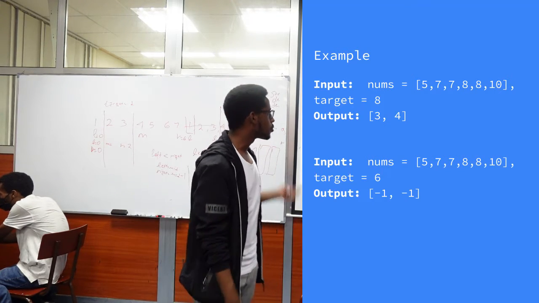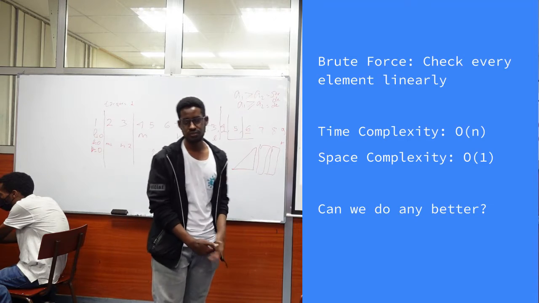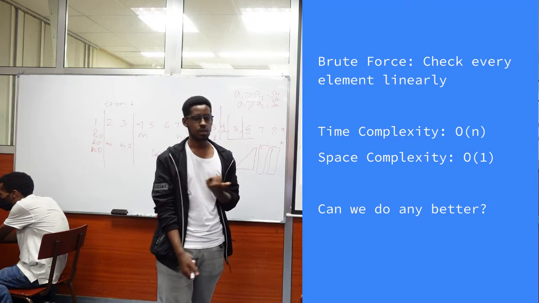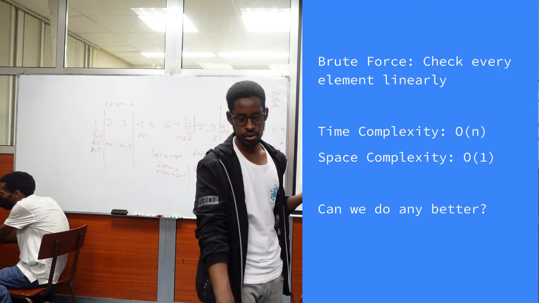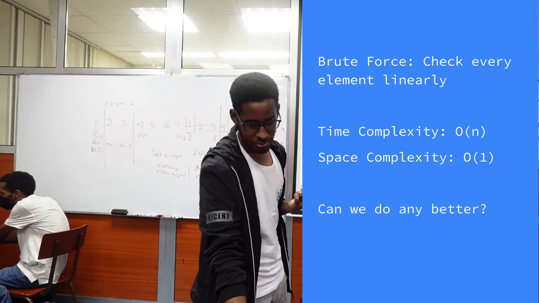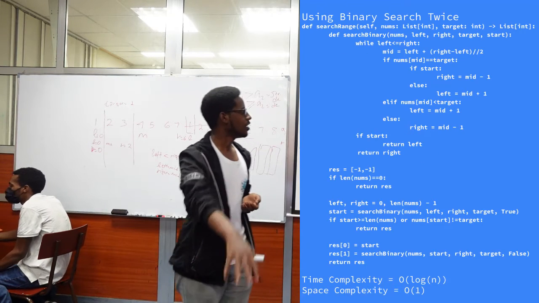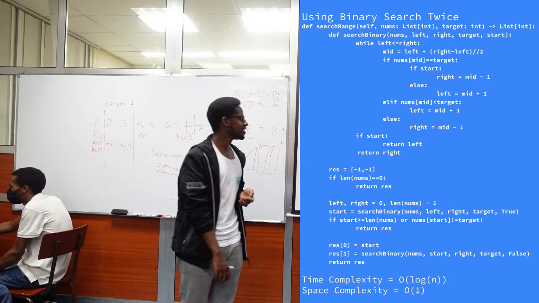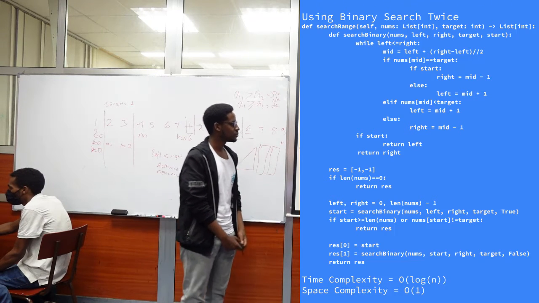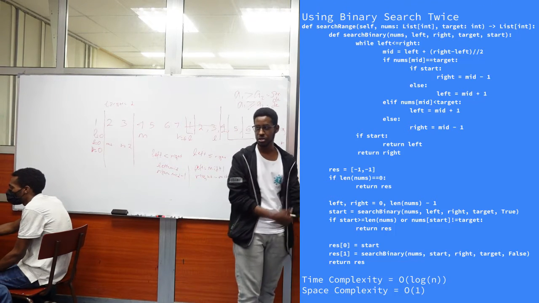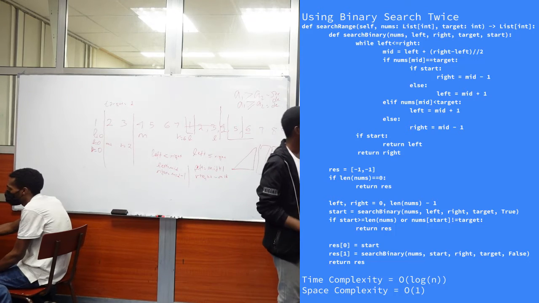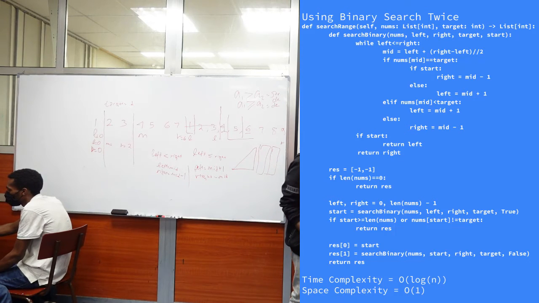The brute force complexity would be checking every single element till we find the first and last. And for the efficient one, this is actually a really long code, but what you do is kind of like your idea. You have to find the starting and the ending element.